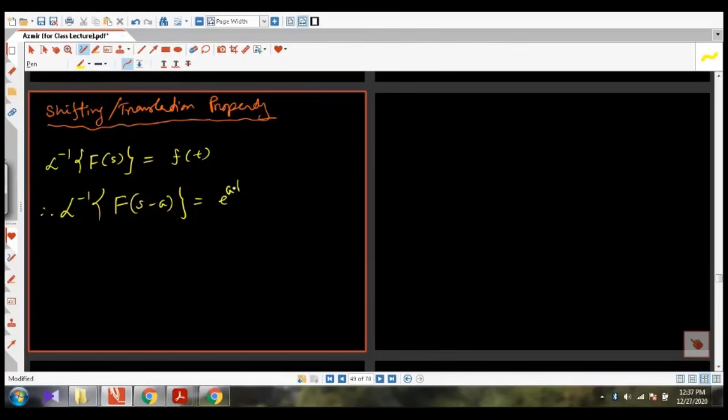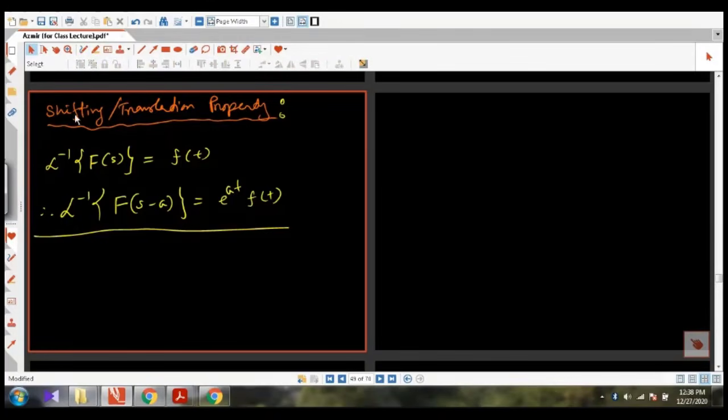It will be e^(at) f(t), and the vice versa, that is the Laplace transformation is also the same. So we have learned in the last consultation, and now we are checking the inverse Laplace transformation property that is called the shifting or translation property. So using this concept, let's try to solve some problems.